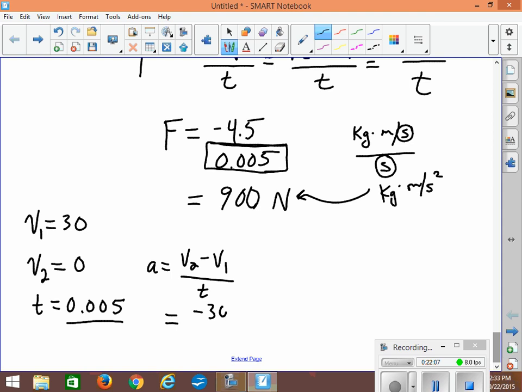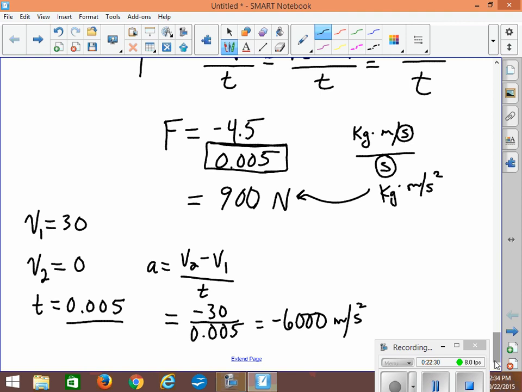Negative 30 divided by 0.005. Well, that's a big number, isn't it? That's going to be 6,000. That equals negative 6,000 meters per second squared. That's the acceleration of the ball as it hits the glove.